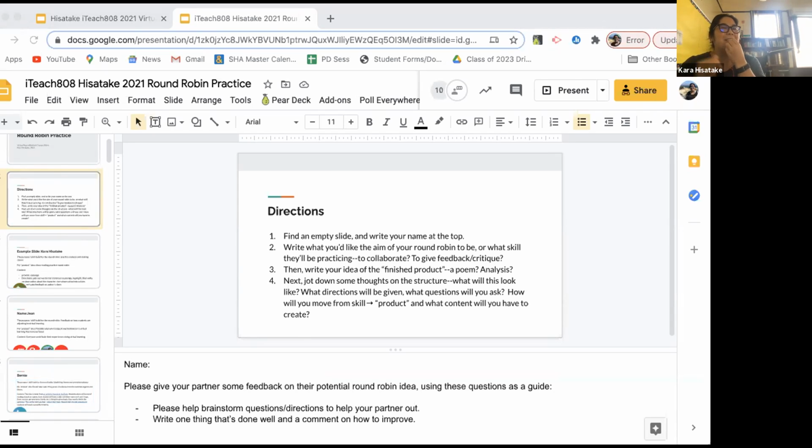So again, you're going one slide down from your slide, commenting to help your partner out and how to improve this idea. Might be helpful to copy and paste those questions.